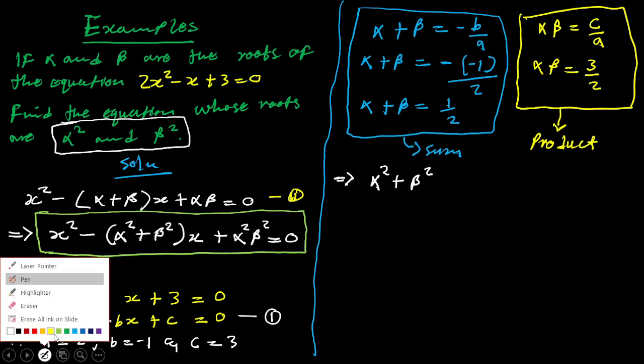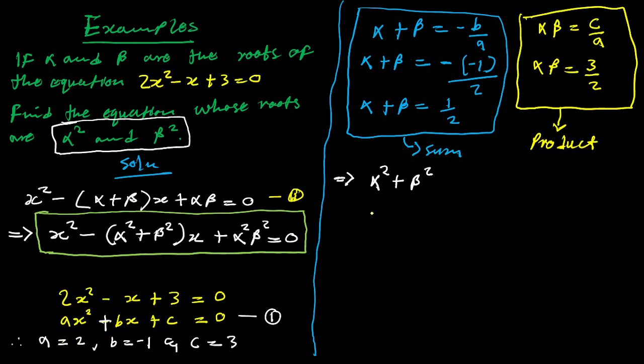If this was 1 over alpha and 1 over beta, you would have done 1 over alpha plus 1 over beta. Then you work it out until you find a way whereby you can have alpha plus beta and also alpha beta.